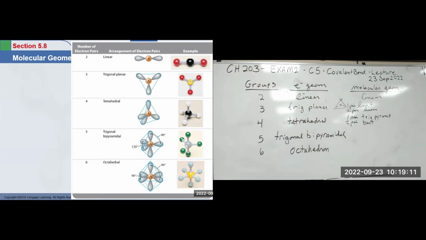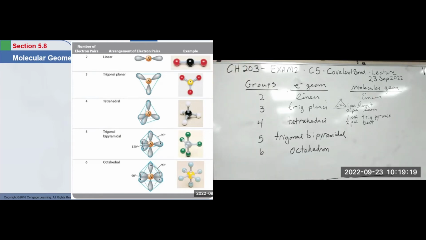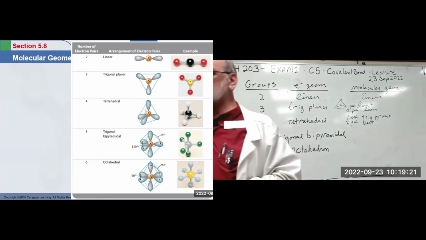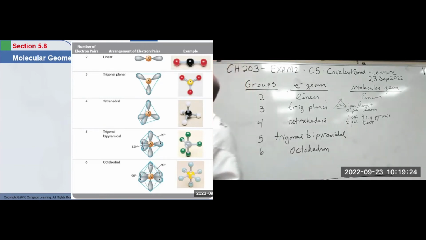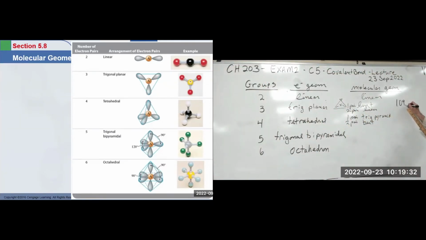So the bond angle here would be 120 degrees. This one's a little different. The tetrahedral, you just have to learn that one. So the bond angle here in a tetrahedral molecule is 109.5 degrees. It just is.